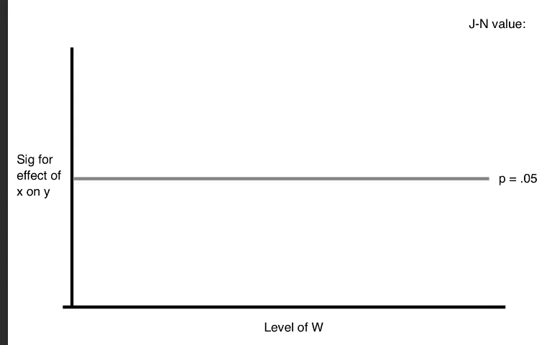So essentially all we're talking about here is the Johnson-Neyman values. And if you recall from lab, that's the point at which the relationship between x and y becomes significant, based on the level of the moderator, or W. So you can see I have just a little graph here because, again, I like graphs.